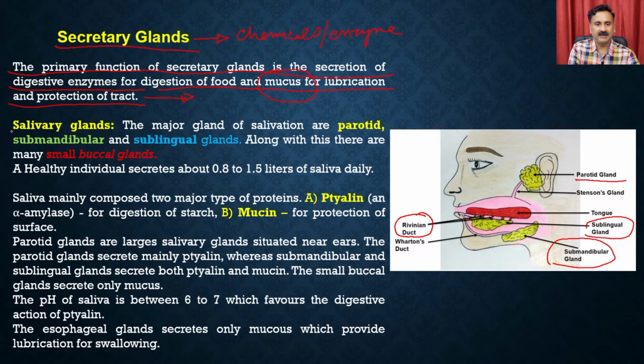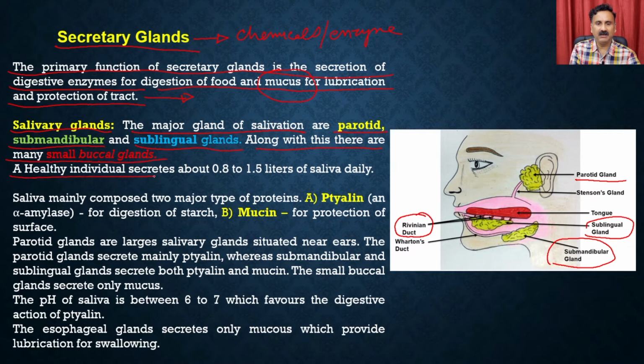So, salivary glands, let us start with the salivary glands. The major glands of salivation are the parotid glands, submandibular glands and the sublingual glands. Along with this, there are many small buccal glands.